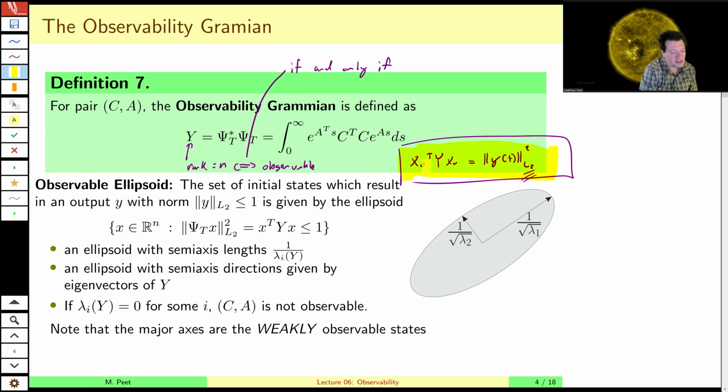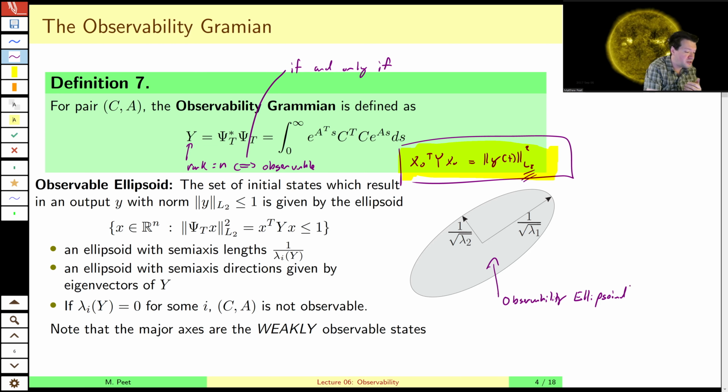And so the ellipsoid, you would think, would have a similar, more direct interpretation than the controllability one. But actually, the observability ellipsoid, and this is what that is, this gray area, is a little bit harder to interpret.